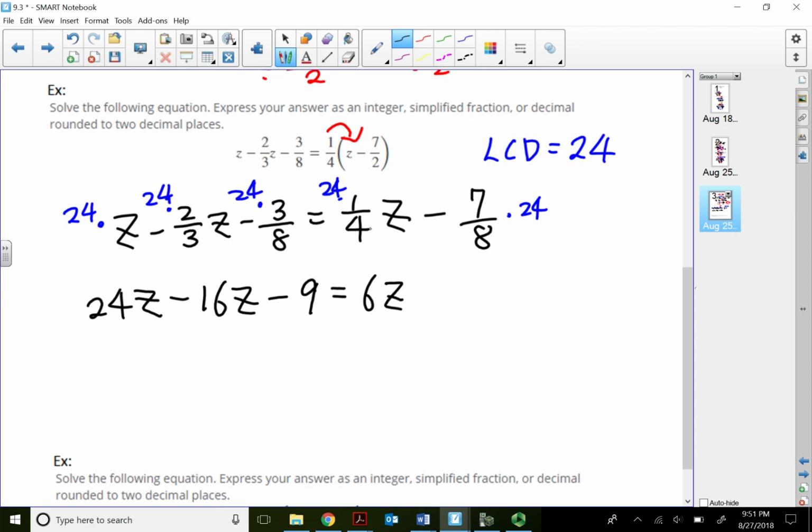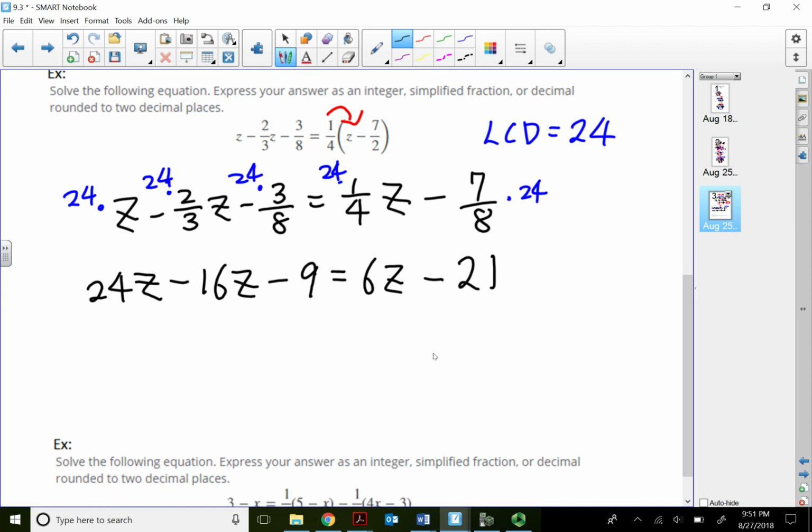Because 24 and 4 reduce into 1 and 6. 6 times 1z, 6z, minus 7 over 8, and 24 reduce into 1 and 3. So 7 times 3, 21. Okay, if you can do it just by looking at it, you're doing very, very well.